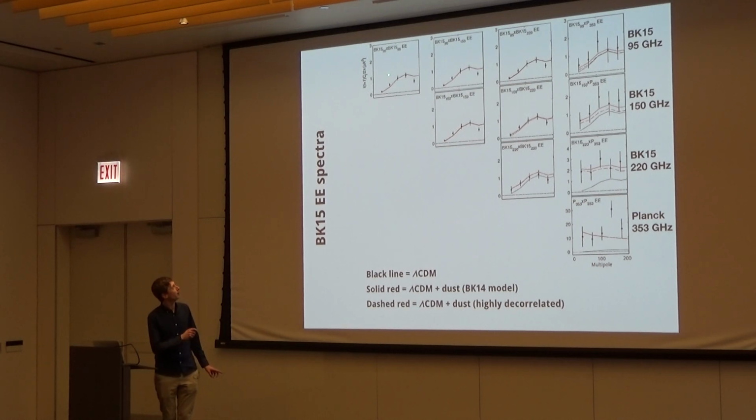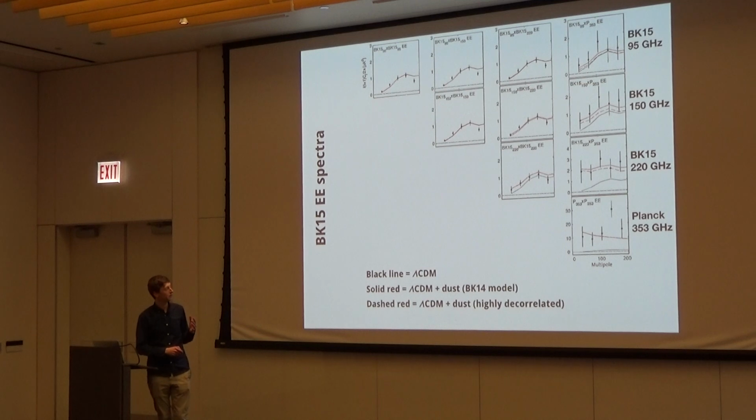And so you can see these angular power spectra. It's the auto spectra down the diagonal, and then cross spectra between various frequencies off diagonal here. There are 3 different models that are plotted here, but the first, the black line, is just what you would expect from the standard lambda CDM E-modes.